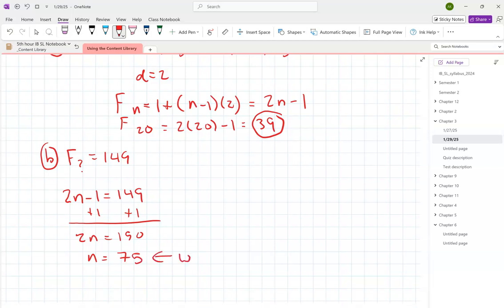And because this is a whole number, that means yes, the 75th term is 149. Is everybody okay with that? If that n had turned out to be a decimal or a negative, we would say no. And the reason is because the domain of a sequence has to be a positive whole number.